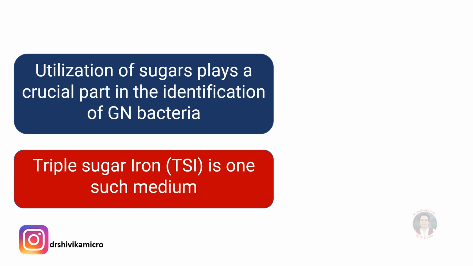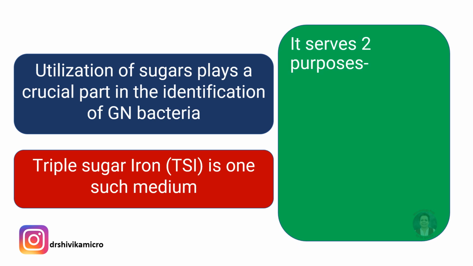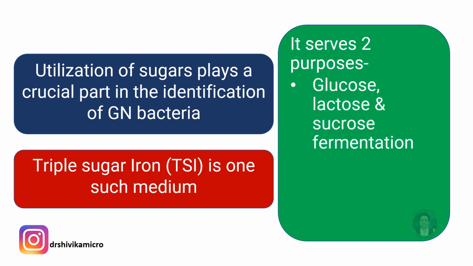Now, the two main purposes of the TSI medium are fermentation of glucose, lactose, and sucrose, and when the bacterium utilizes any of these sugars, whether it is producing carbon dioxide along with the acidic metabolites that are produced.